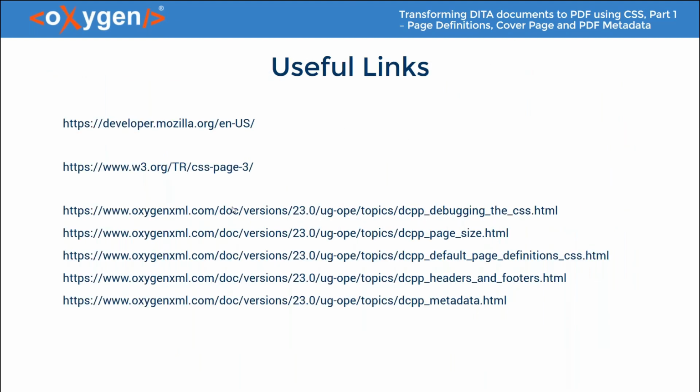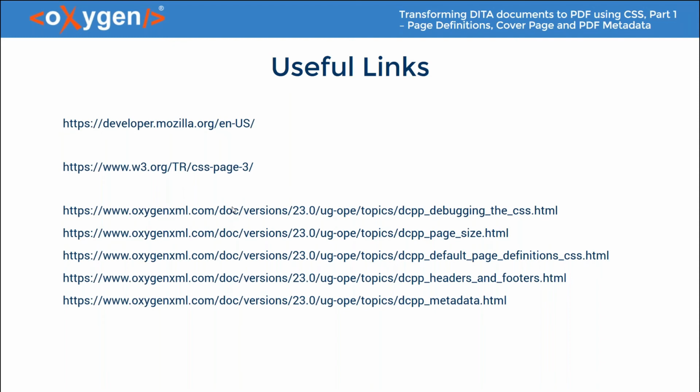Finally, all this webinar has been made using the developer site from Mozilla. You can find a lot of explanation about CSS properties. If a property is not quite understandable from its name, you can search it. It's multi-language supported. You can find all the details, some examples.